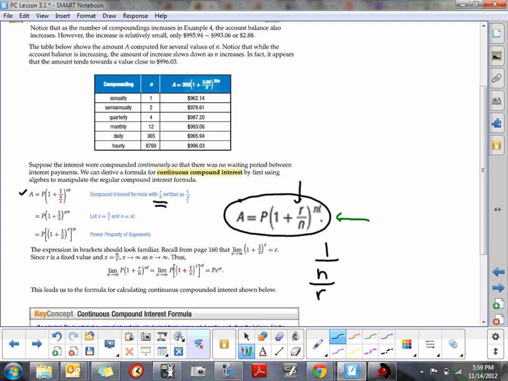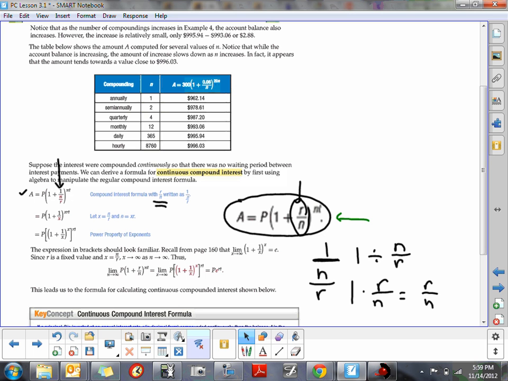Remember this is a double fraction bar, so this is really 1 divided by n over r, which means it's 1 times r over n, which is still r over n. So it's equivalent. This is a substitution that they're making here. So r over n is being replaced with an equivalent expression of 1 over n divided by r.